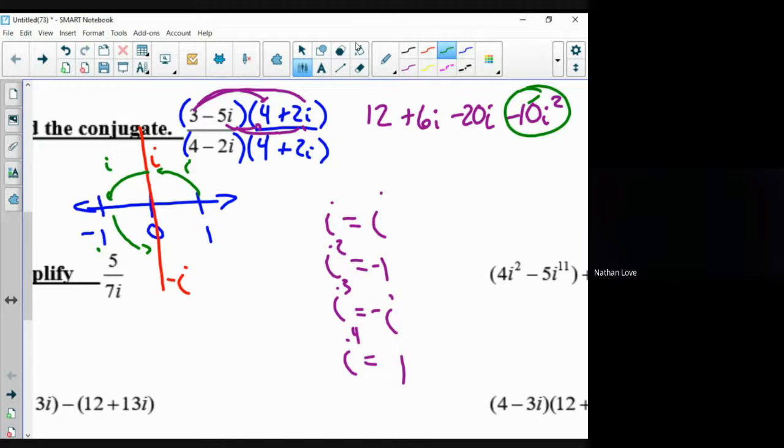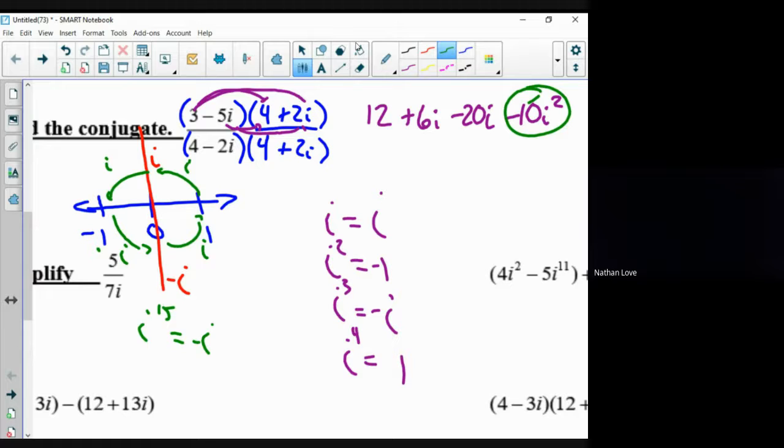If I do an i to the 3rd power, I put another i, that's 1, 2, 3, it puts me at negative i. i to the 4th is positive 1, so if I put another i, that's 5, 6, 7, 8, 9, 10, 11, 12, 13, 14, 15. So if I want an i to the 15th, then I would be at negative i. So you could count around the circle if you wanted to, over and over and over again.